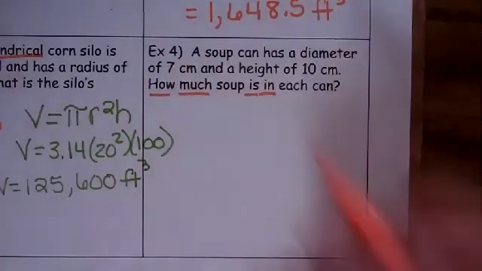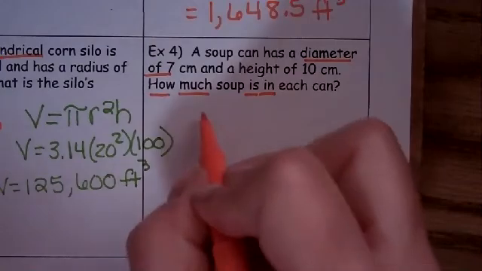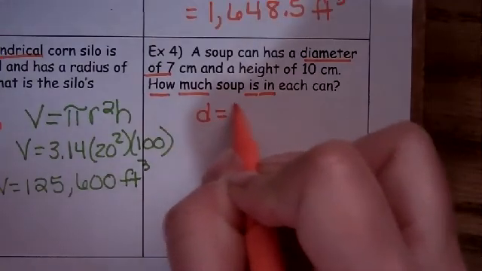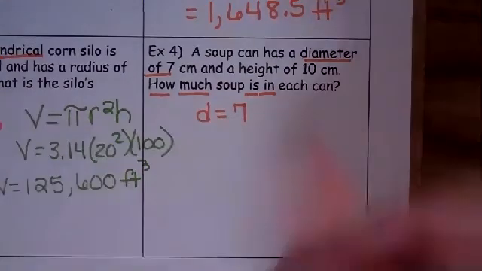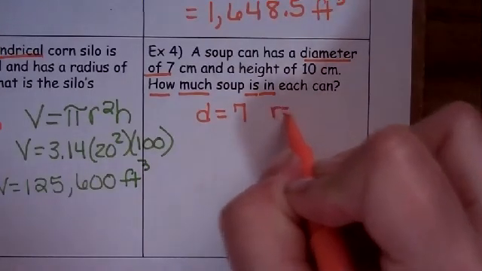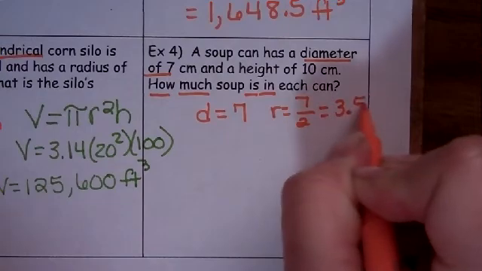Now this one I'm going to work without drawing a picture, okay? Because I'm told up here, my diameter of 7, that means D equals 7, but we know we don't need the diameter, we need the radius. So the radius is going to be 7 divided by 2, or 3.5.